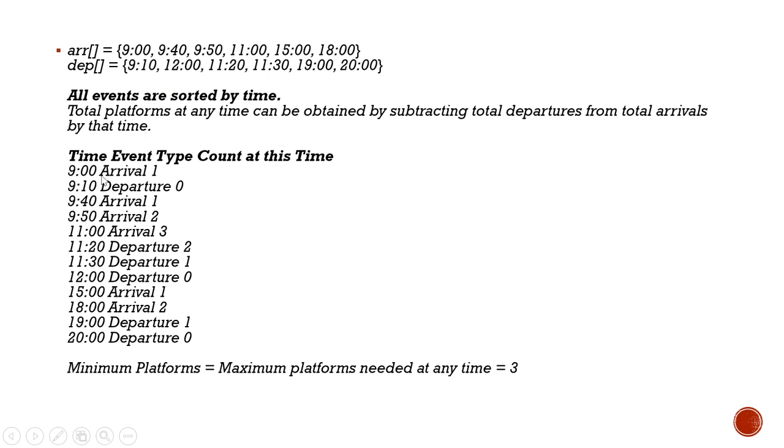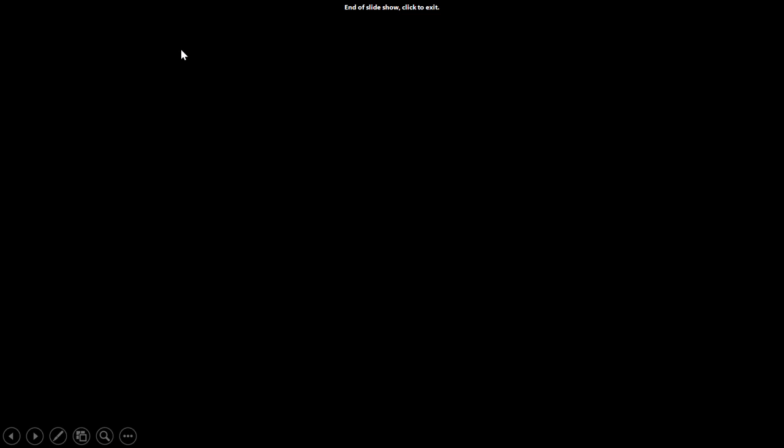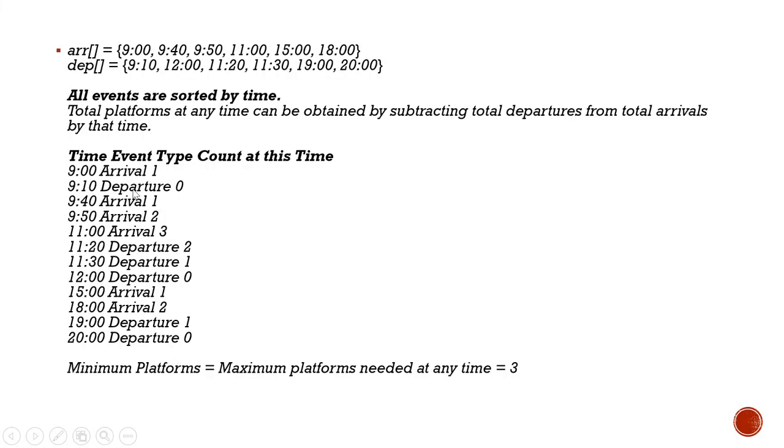First at 9 a.m. a train arrives. By default we initialize the platforms required as 1, and at 9:10 it leaves, and at 9:40 the second train arrives. Hence the single platform which we initialized is sufficient.